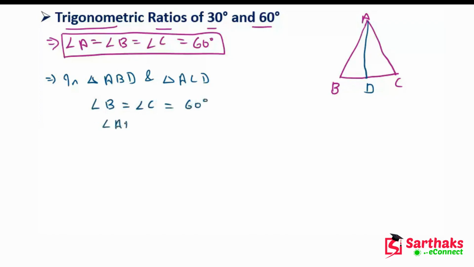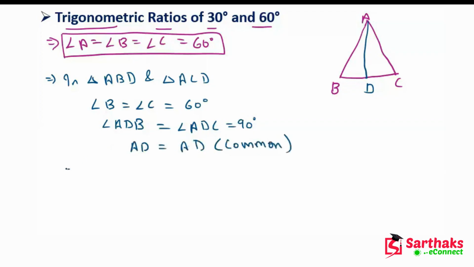Angle ADB is equal to angle ADC is equal to 90 degree, and AD is equal to AD, which is common. So we can say that triangle ABD is congruent to triangle ACD. Why? By double AS, means angle side.